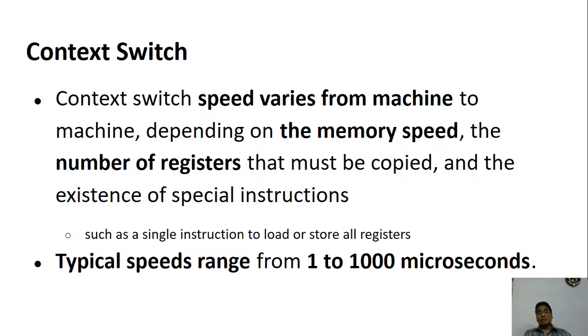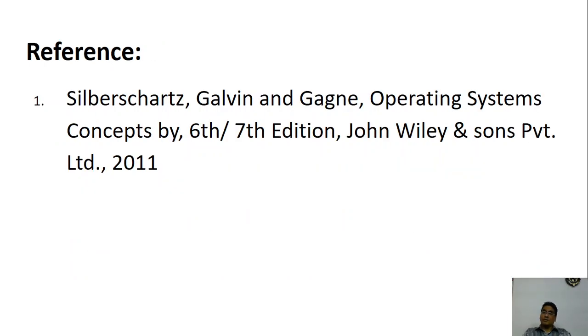It also depends on how many registers are being used, because all the data has to be stored. If a lot of data is there, it takes a longer time. If less data is there, less time. Typically the range is from 1 to 1000 microseconds, that is 1 millisecond, that it will take.